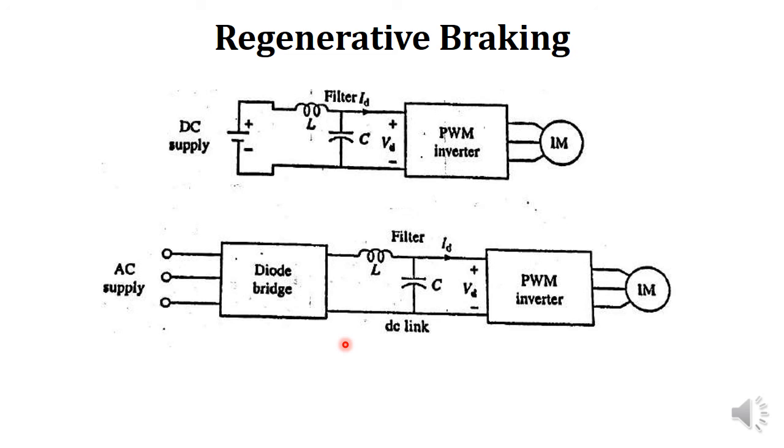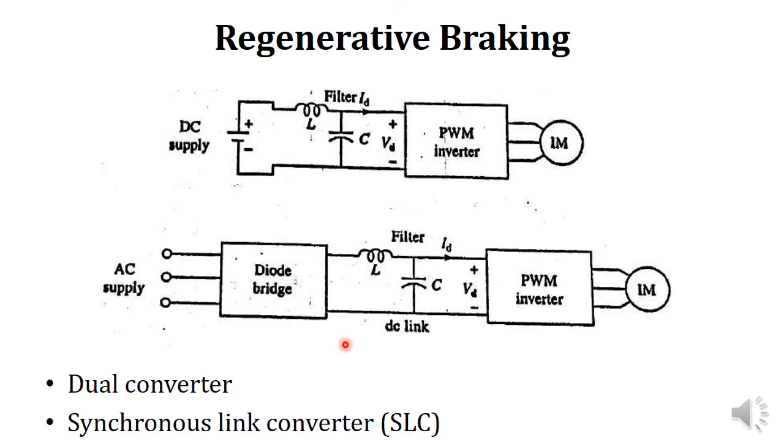Instead of dual converters, we can use the synchronous link converter, that is SLC, which has very superior characteristics or features for providing regenerative braking, in which there is an AC input power supply. So we will discuss the synchronous link converter and its operation in the next lecture.